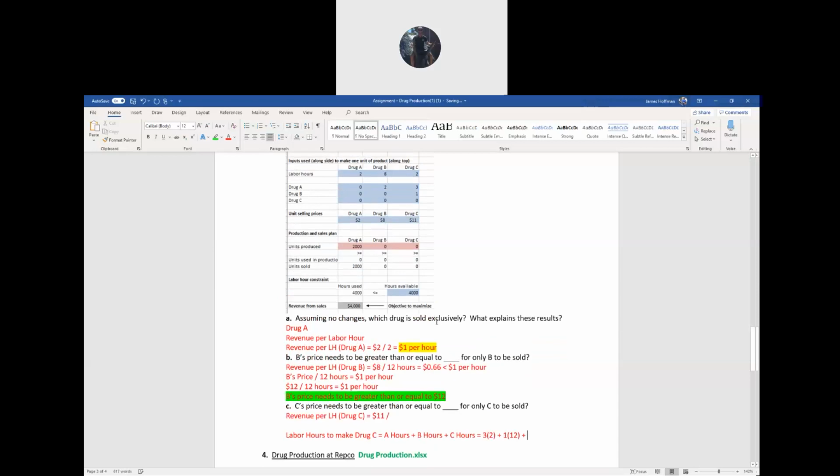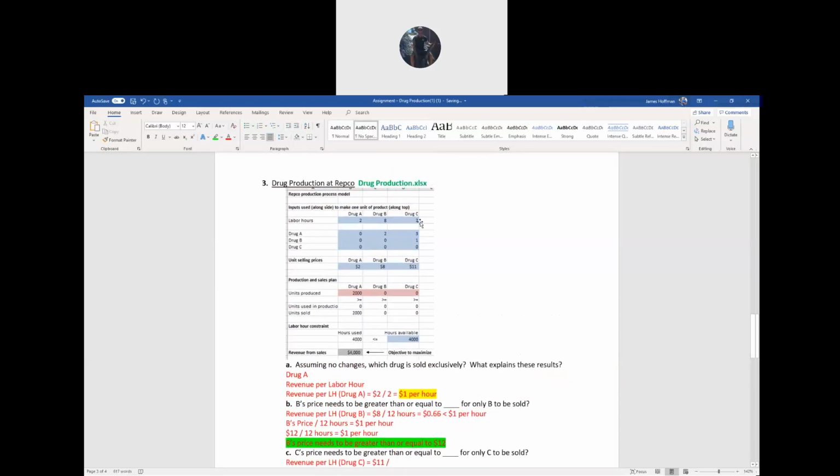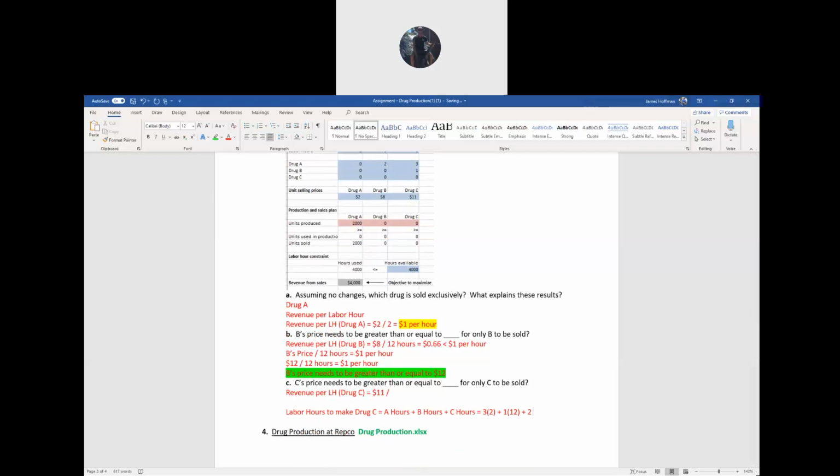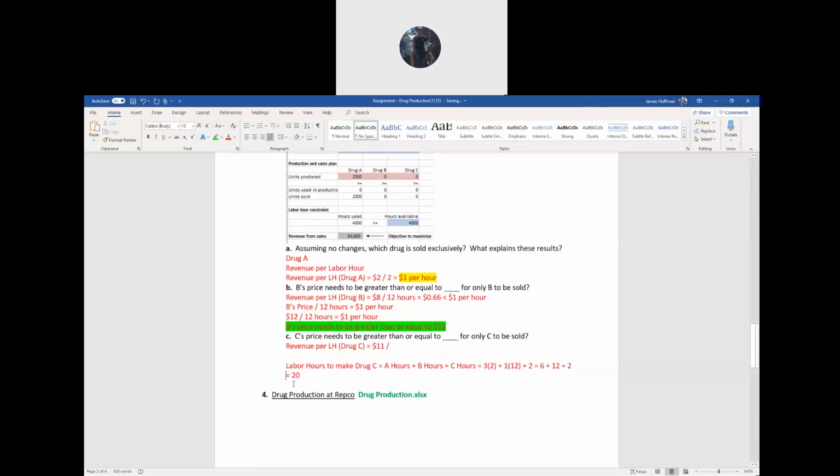Then just add the factory hours to make it drug C, which are 2. So that gives us 6 plus 12 plus 2, which is 20. There we go.